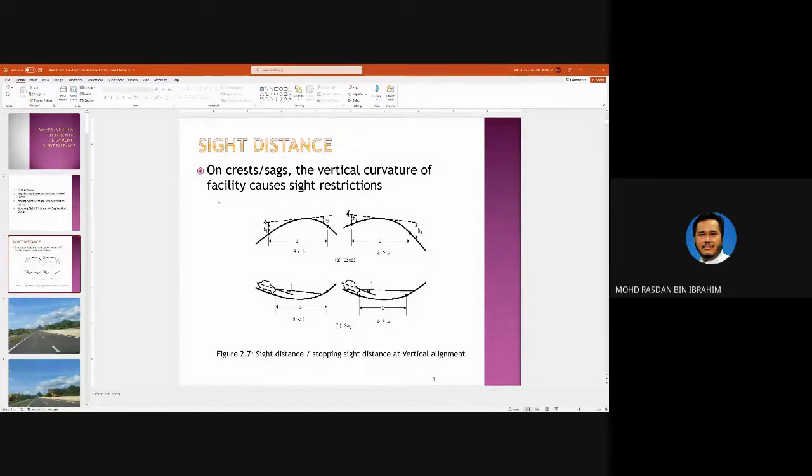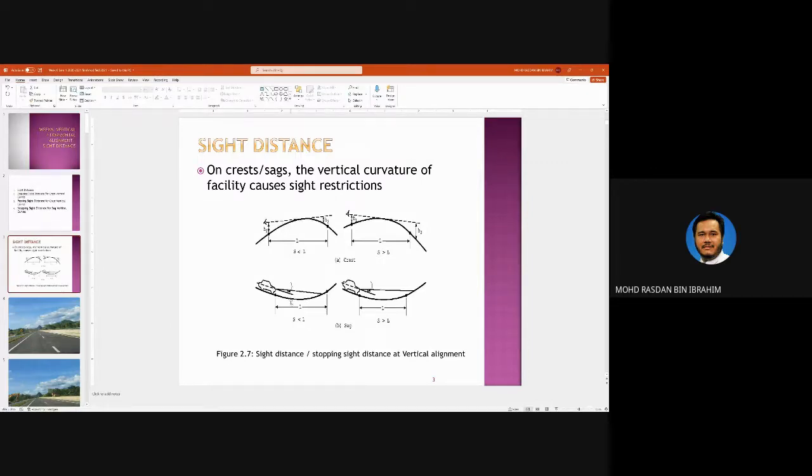Okay, so on crests and sags, the vertical curvature of the facility causes sight restrictions. If you have a curve here, and there is an object behind this curve, you will not be able to see it because it is out of your line of sight. Only if you travel further will you be able to see the object.